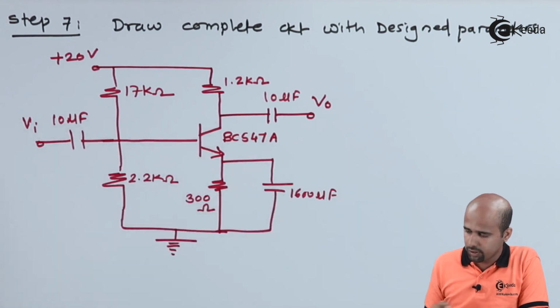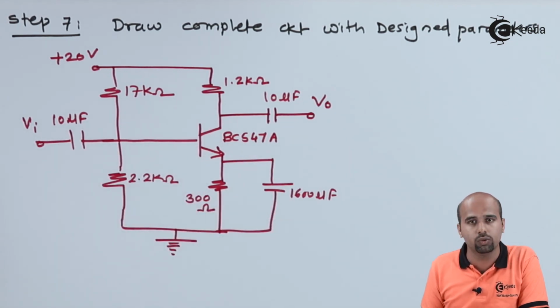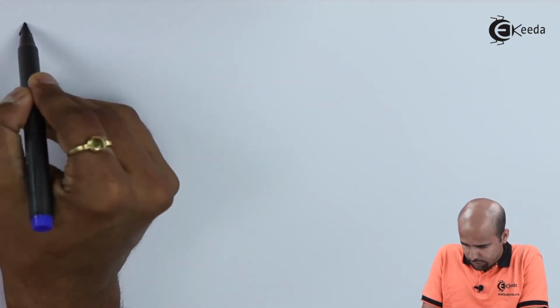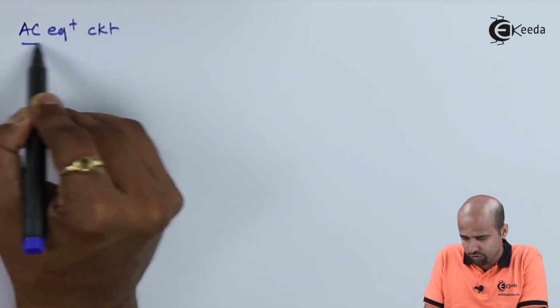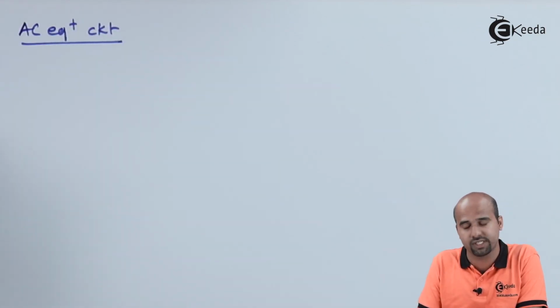All the design parameters are completed, and now we go for the last calculation, that is voltage gain, input impedance and output impedance with respect to your designed parameters. We'll draw the AC equivalent circuit, then we'll get to know what your input impedance, output impedance and voltage gain are.